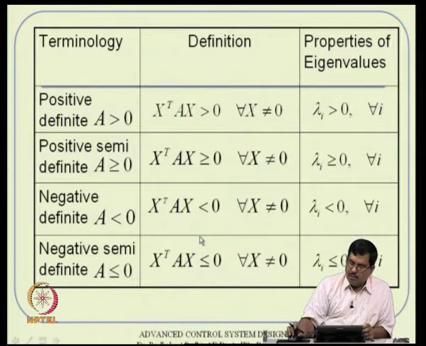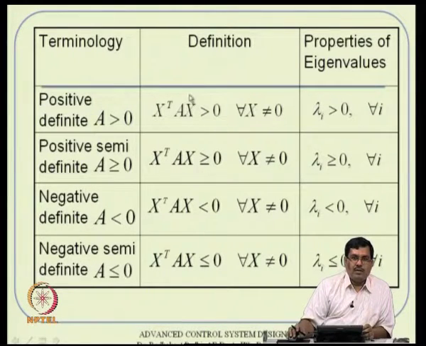Now, the next concept is what are called positive definite and negative definite matrices. A matrix is called positive definite provided this property holds good. That means, if you take any non-zero vector x and compute x transpose A x, that is always guaranteed to be strictly positive.